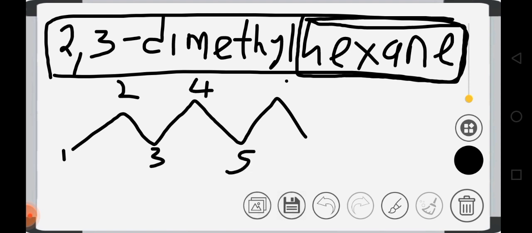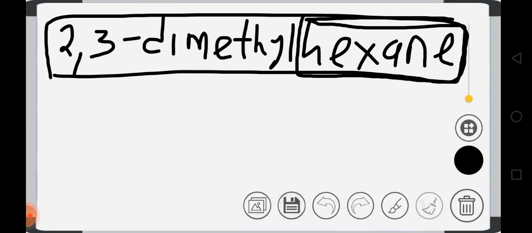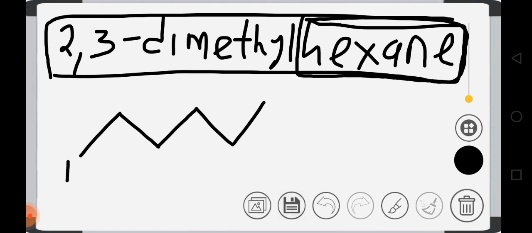This one is even more than 6, so let me just remove 1. That is 2 carbon, that will give me 3 carbon, this one will give me 4 carbon, this one will give me 5 carbons, and this one will give me 6 carbons. We have 1, 2, 3, 4, 5, 6.